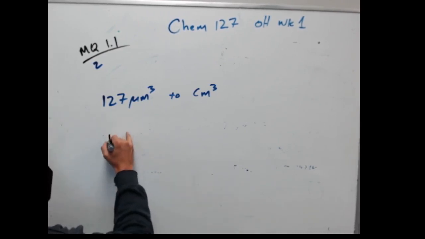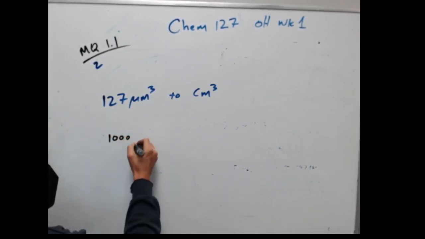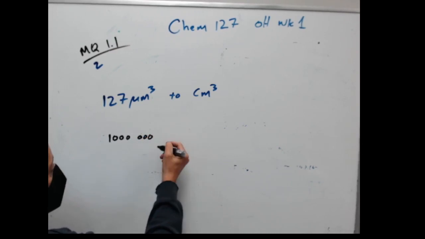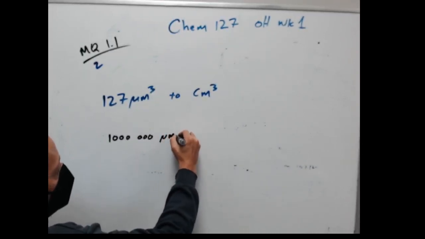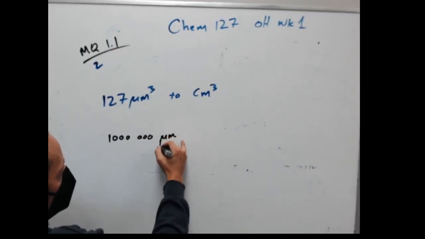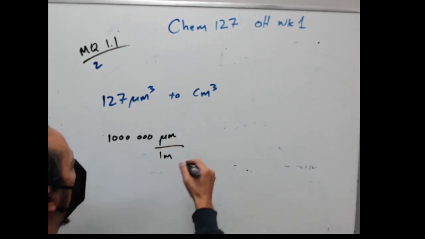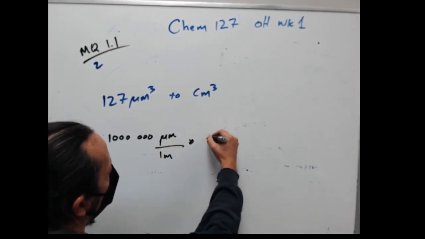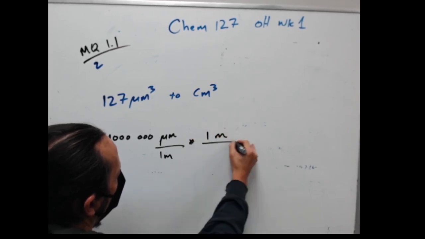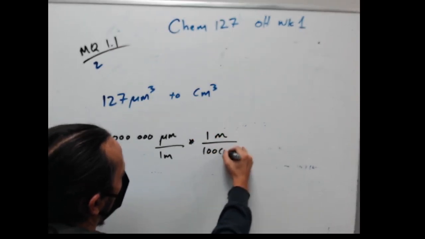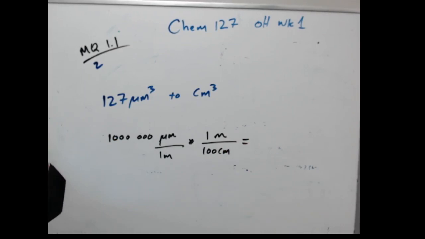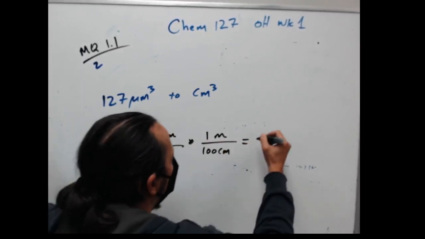I know that it's 1 million micrometers per 1 meter. And I know that 1 meter has 100 centimeters. So if I multiply that across, I'm going to cancel out 2 zeros.